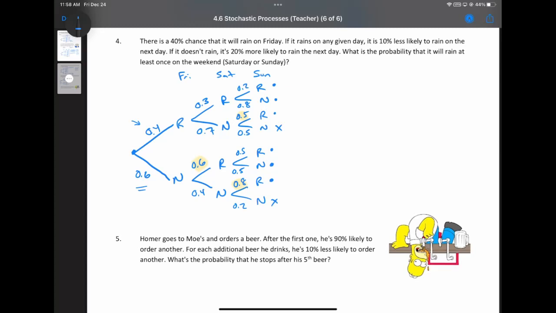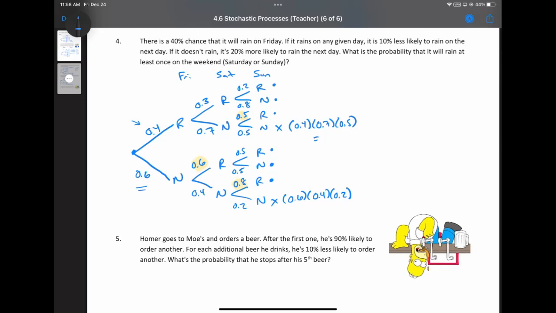So rather than calculate the 6 ones and add them together, I'm going to calculate 2 of them, add them together, and then subtract it from 100. So this first one here is going to be 0.4, 0.7, 0.5. And this one's going to be 0.6, 0.4, 0.2. And just to save myself a little bit of room, because I want some space to write on the right-hand side there, 0.4 times 0.5 times 0.7. I think I could do that in my head, but I'm also thinking I could screw it up.